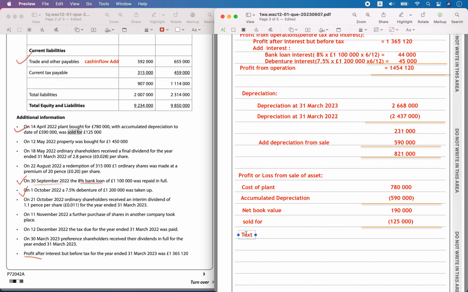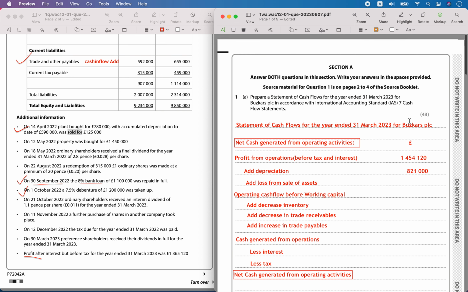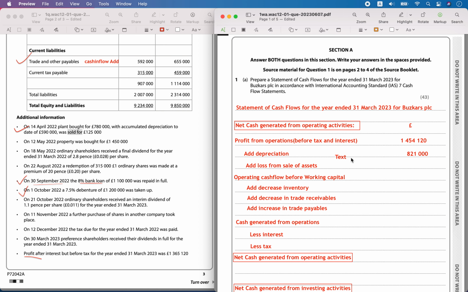This I would have subtracted as an expense, so I am going to add it back to get the profit from cash generated from the operations. So that is going to be 65,000.